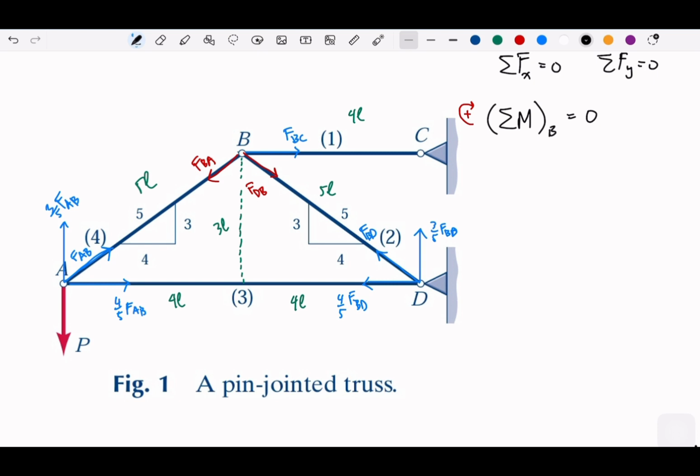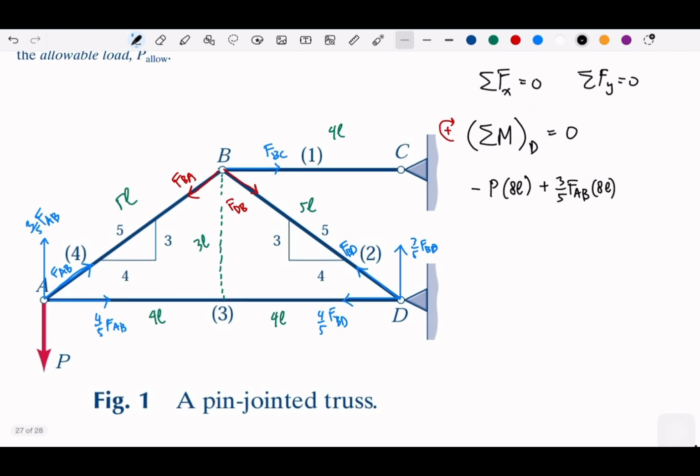So is this correct? So 4L. I think let's say not B, maybe D. So I will have minus P, 8L, and plus 3 over 5 FAB, 8L.